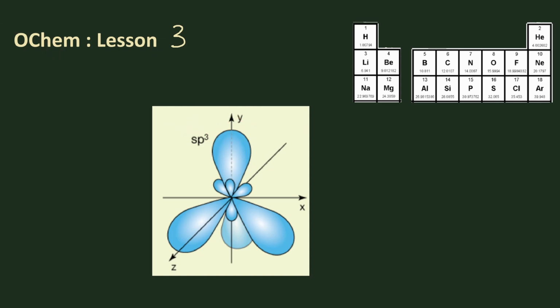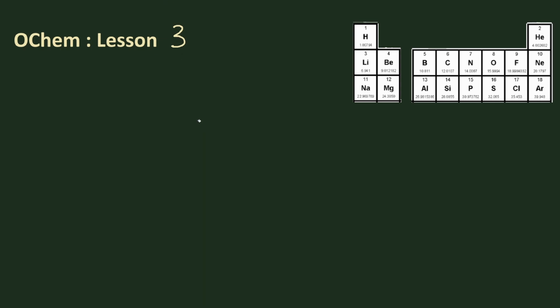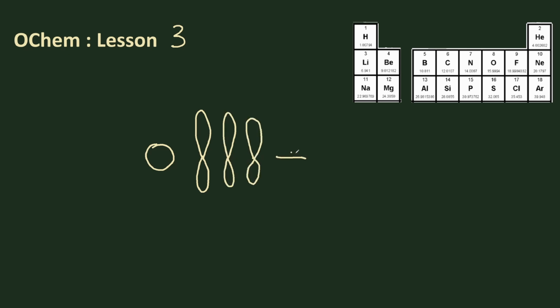And the reason we call it that, if you want to think about it in simple terms, is that we have an s orbital and we have 3 p orbitals, and it's being merged instead into 4 equal shaped balloons here.